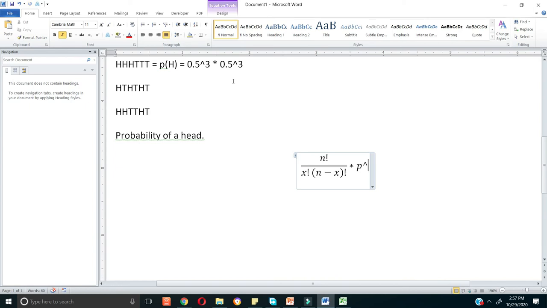In this case, the probability is the number of heads that we want, which is the successes, times 1 minus the probability, the alternative outcome, raised to the power n minus x, right?